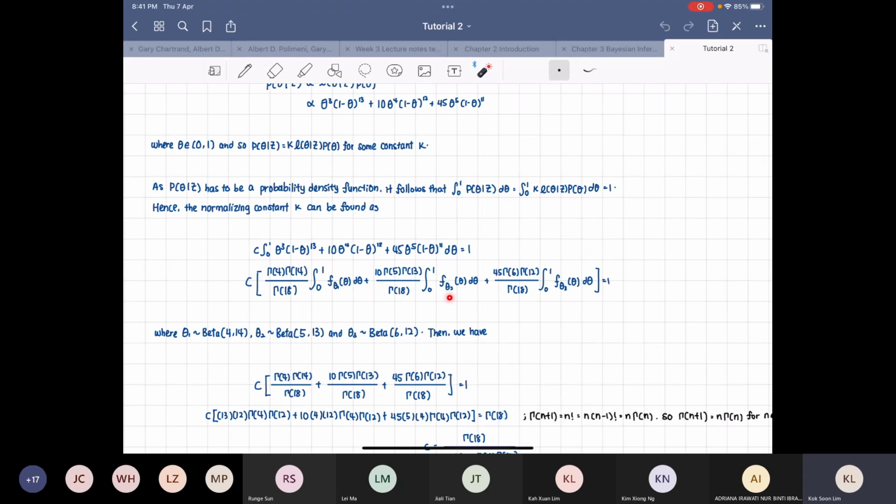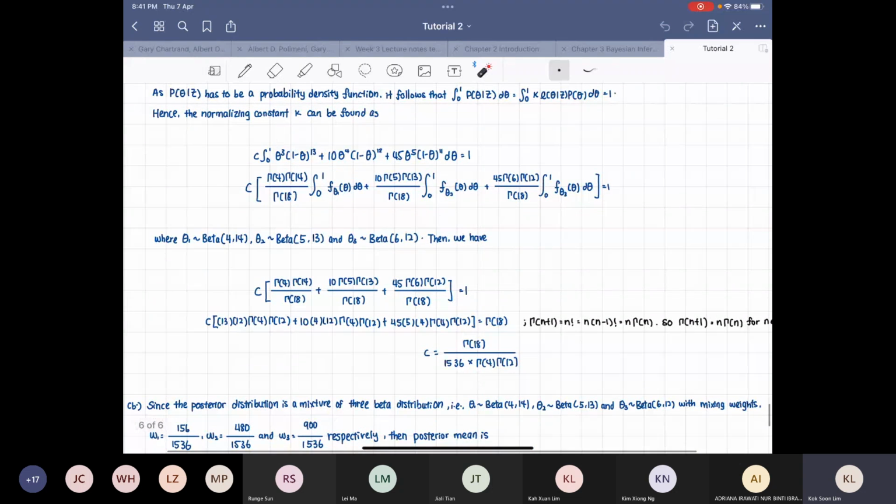Similarly for f2, the distribution is this beta, and for f3, the distribution is beta 6 and 12. Because when we integrate the PDF over its admissible range it becomes 1, 1, 1, we are just left with this thing.